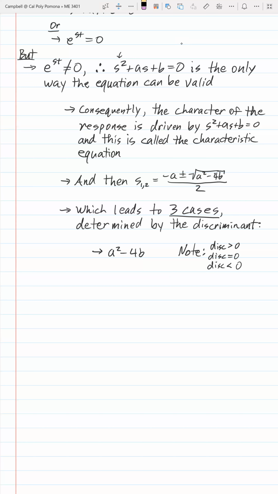So we have our three cases. And remember the term root. The term root is specifically for a polynomial. The term root means the values of the variable that will yield a value of 0 when we substitute those values into the polynomial.